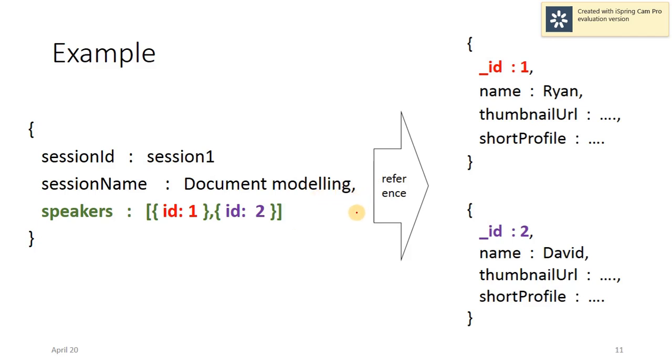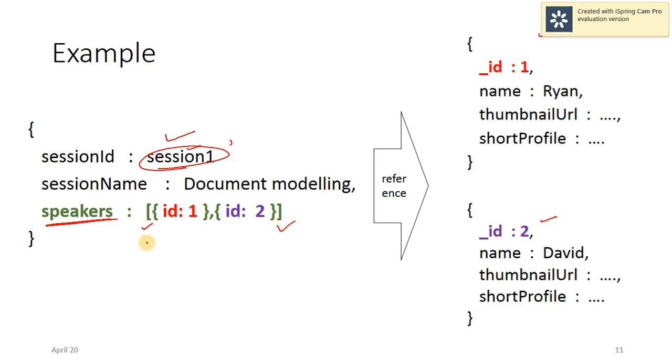So take a look at this example. You can see the left hand side here has a session document, and the right hand side has ID1 and also ID2. So the first document here is a session document. And if you take a look at the speaker attribute here, you can see a square bracket.